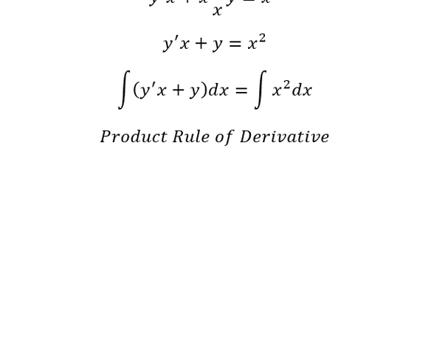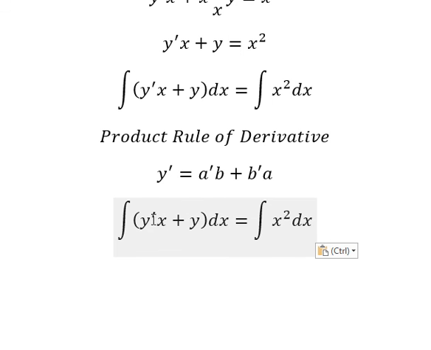So we have the first derivative of y equals the first derivative of a multiplied by b plus the first derivative of b multiplied by a. So this one is the first derivative of a multiplied by b.